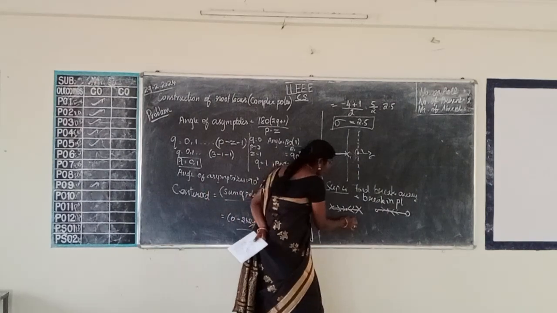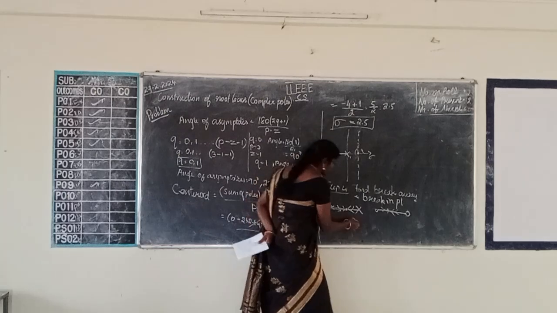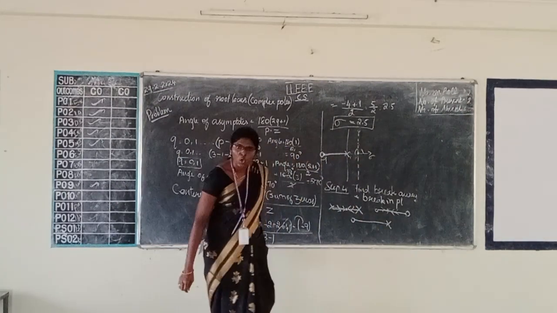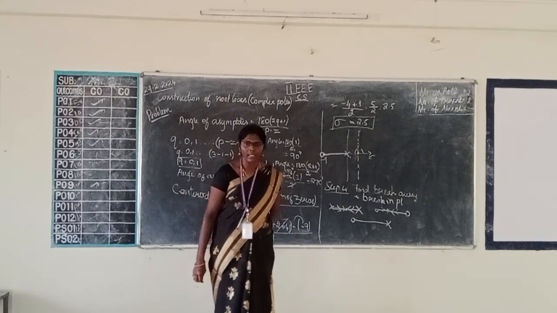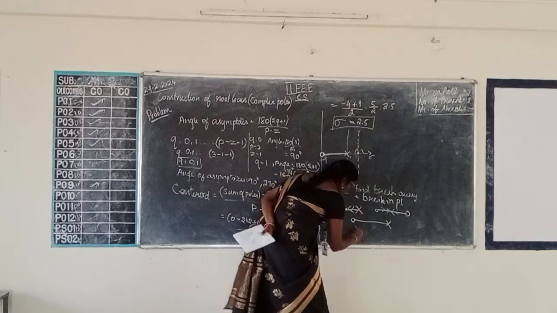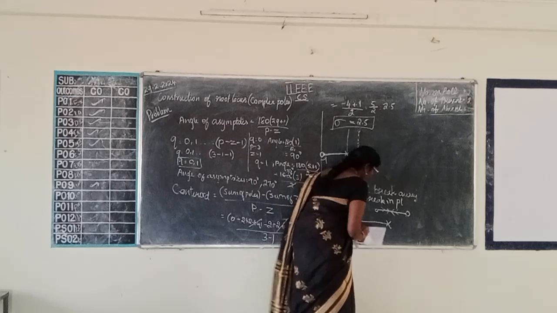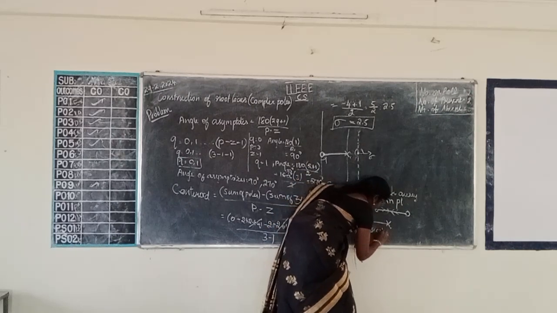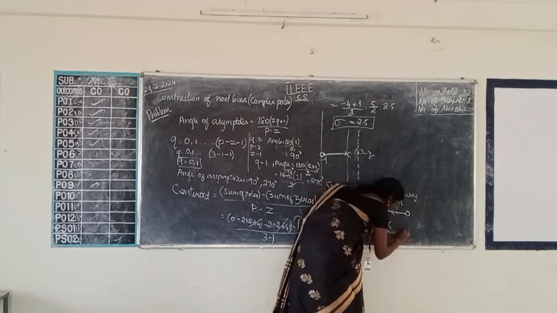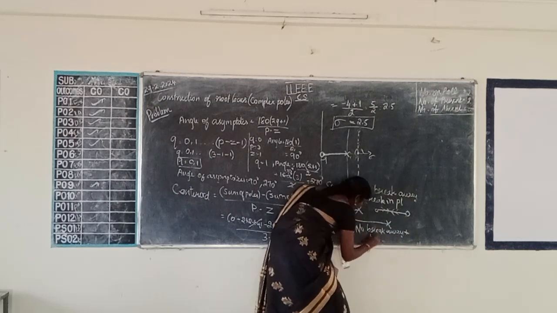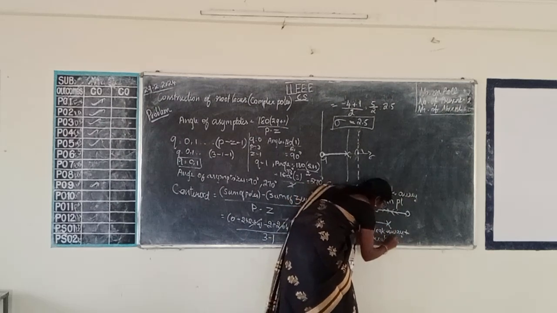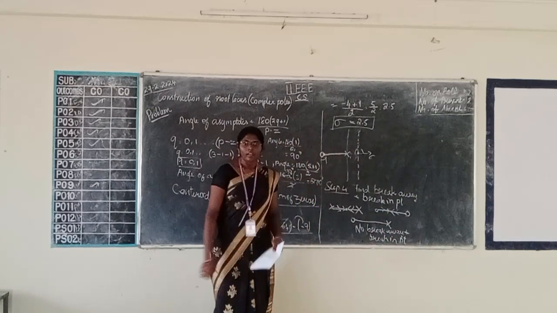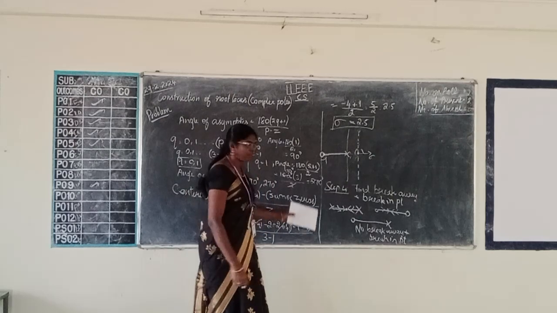You have to write it down. Since our root locus lies between a zero and a pole, there is no breakaway and no break-in point. Clear? Are you clear with this step 4?